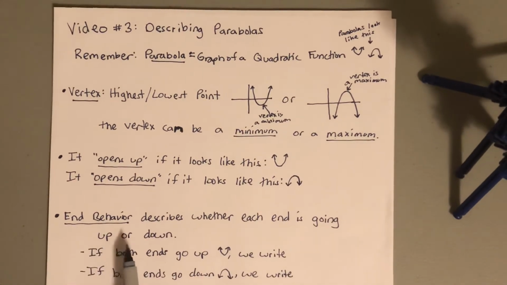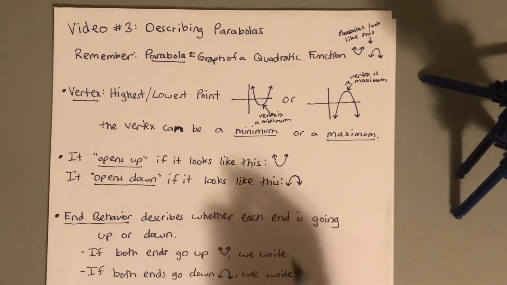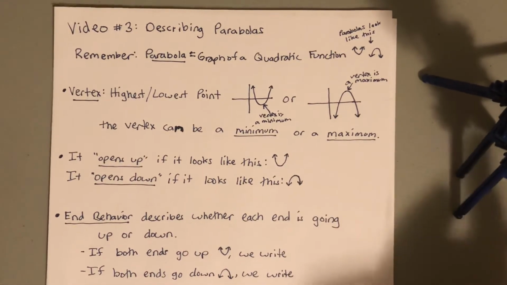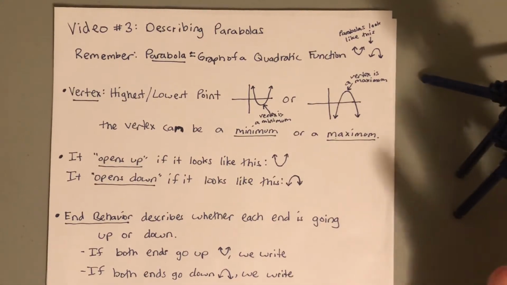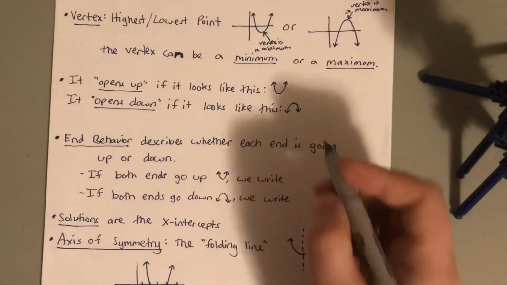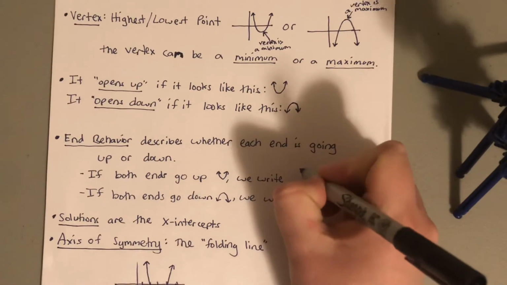So the end behavior really just describes whether each end is going up or down. In a parabola that opens up, both ends are going up. There are two different ways that you can write the end behavior. One way is like this.